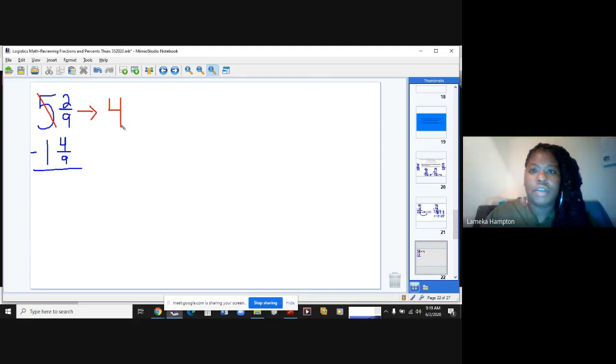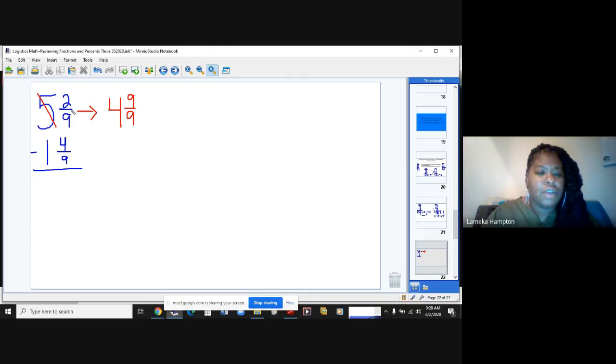Okay, now the 1 that I took away, I am going to change that number to a fraction. And because my denominators are 9, that means I'm going to have 9 over 9. Because 4 plus 1 gives me 5.